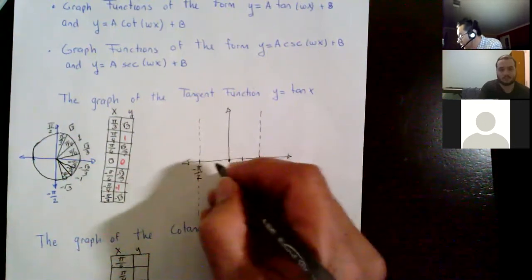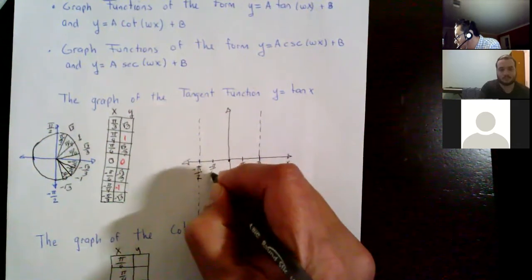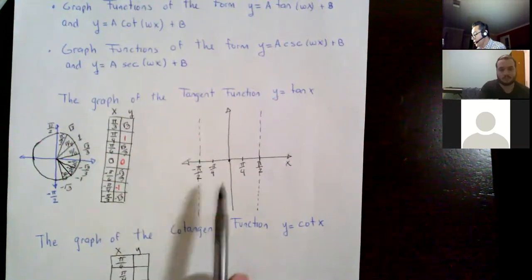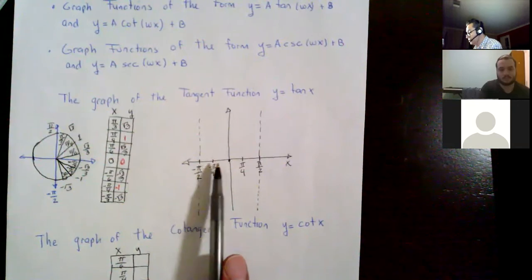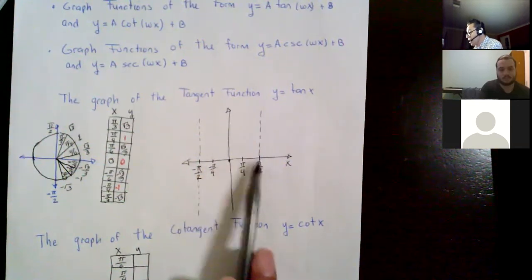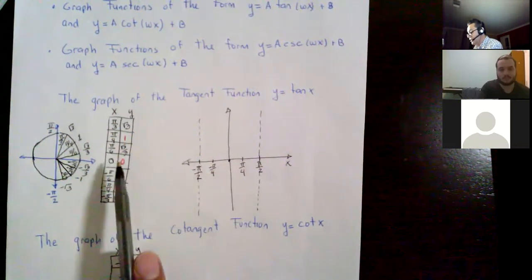So I'm going to mark negative pi over 4. Notice that with those values in red I have four intervals, the four partitions: 1, 2, 3, and 4, right? So in order to graph the tangent, we only need these values.